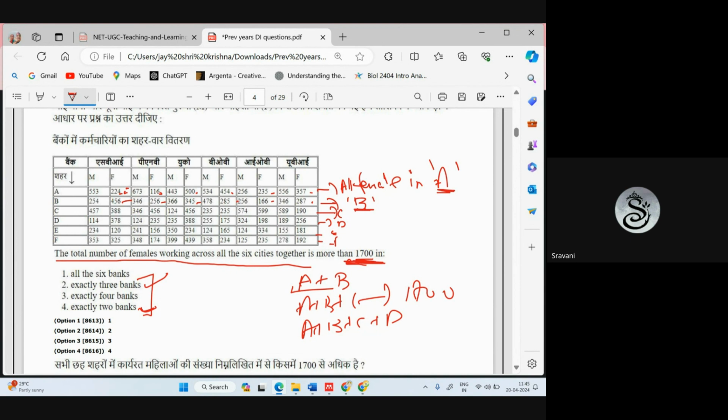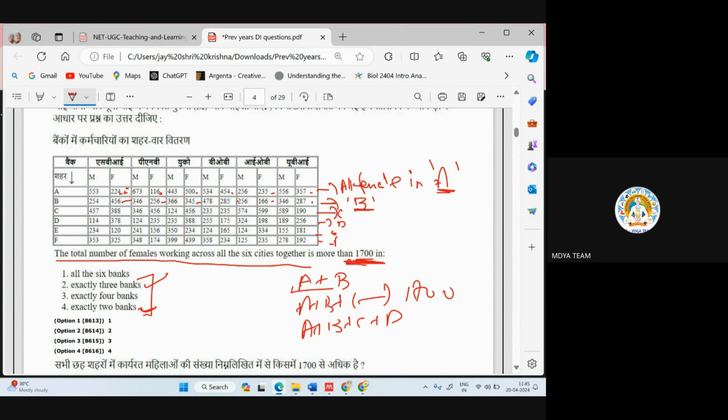We cannot say like that. What I'm asking is, in the first option they are asking about all the six banks. Number of females.